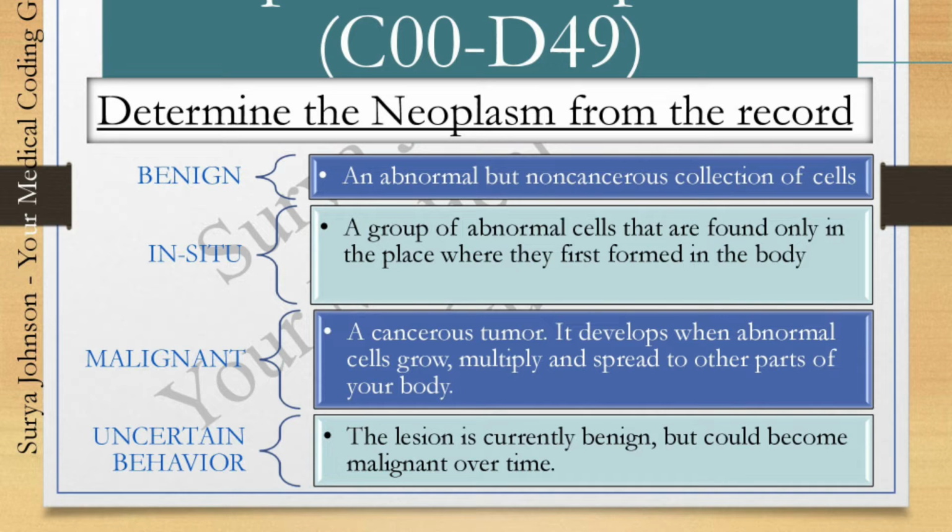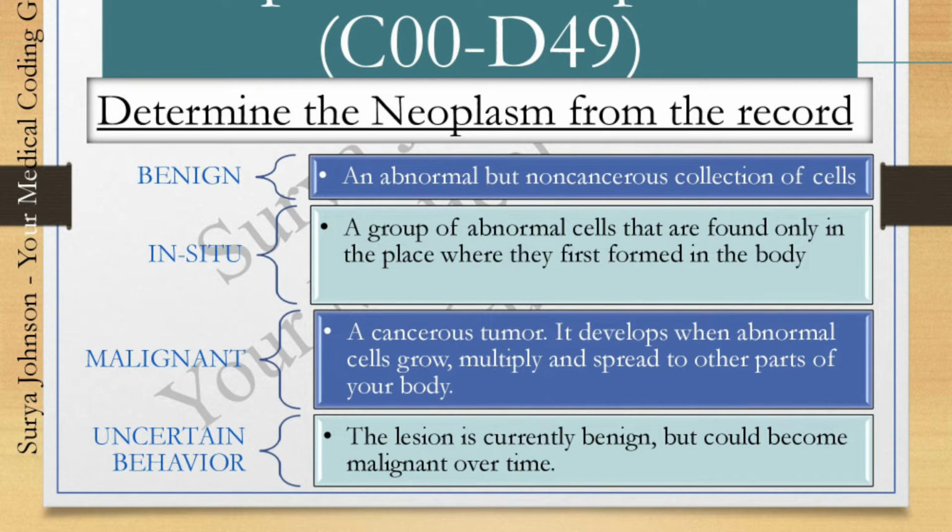If the doctor says it's benign or in situ, it is non-cancerous. In situ in the beginning might look non-cancerous, but if some in situ abnormal cells move around the body, spread and develop in other parts, and develop into a cancerous tumor, then it becomes malignant. The next one is the uncertain behavior.